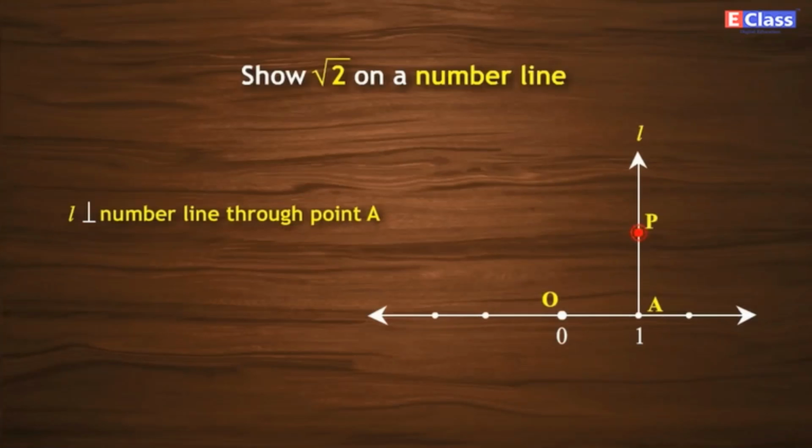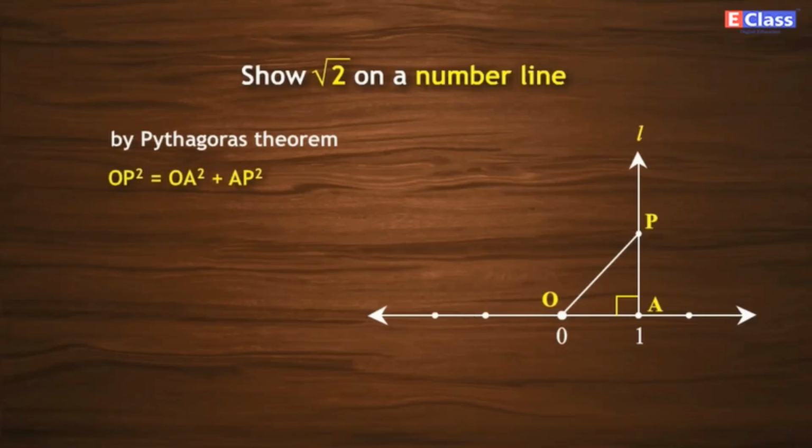On a number line, the point A shows the number 1. Draw line L perpendicular to the number line through point A. Take point P on the line L. By Pythagoras theorem, square of OP is equal to square of OA plus square of AP.